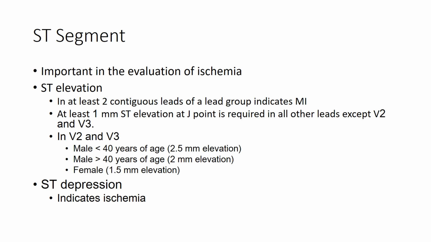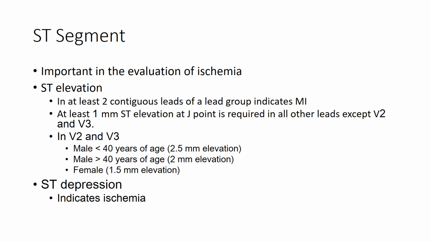And for the diagnosis of ST elevation myocardial infarction, it requires ST elevation in at least two contiguous leads of a lead group. For example, if present in the inferior lead group or in the anterior lead group or in the lateral lead group, at least two leads are required for the diagnosis of MI.